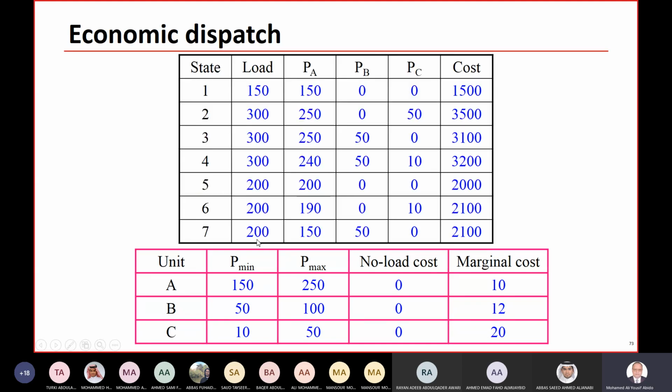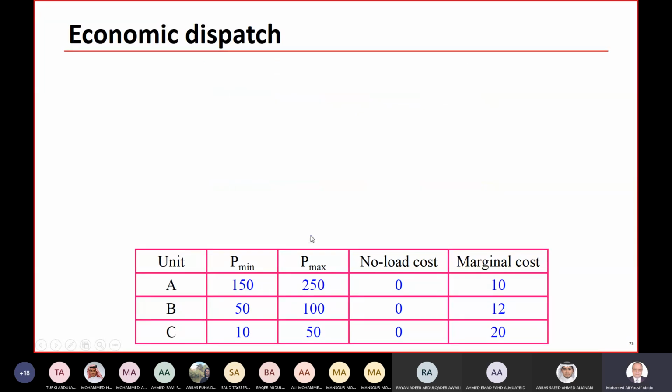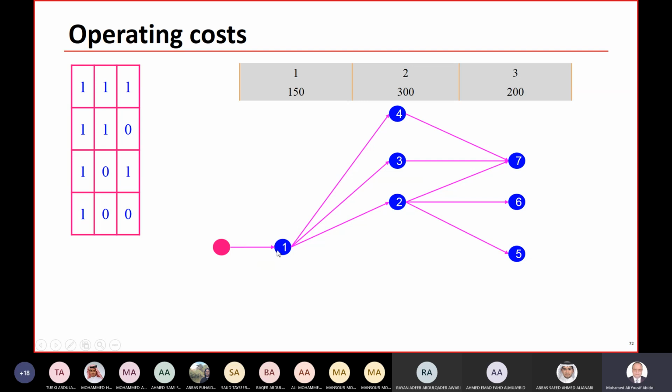So if you have status one, this is 100. The load here is 150, and you have only machine number A on. So the power output of this machine will be 150, and this is 0, and this is 0. Is it clear?